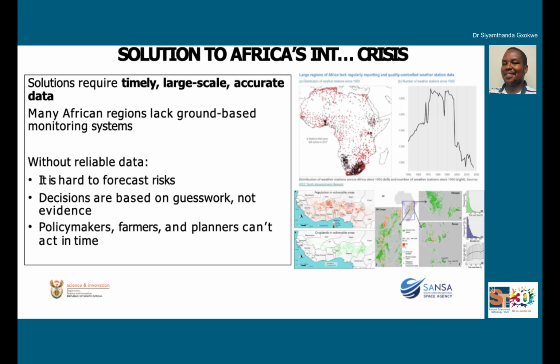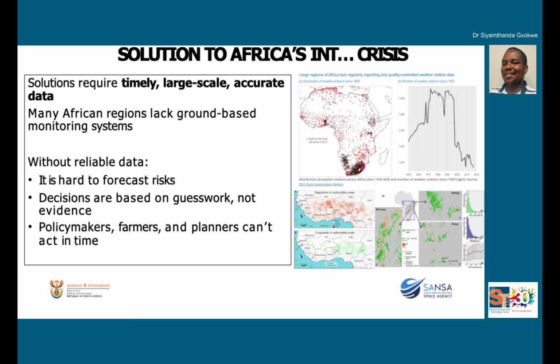However, what we are noting is that in Africa there's a lack of ground-based data, because in most cases this data is measured in ground stations. In many African regions, some of the areas are not equipped with the tools and technologies that allow us to get good insights and good data on some of these changes that we are having.